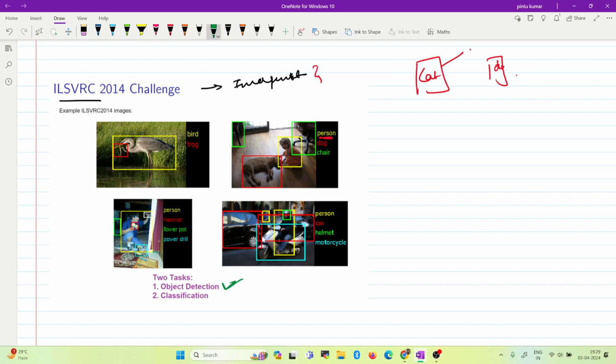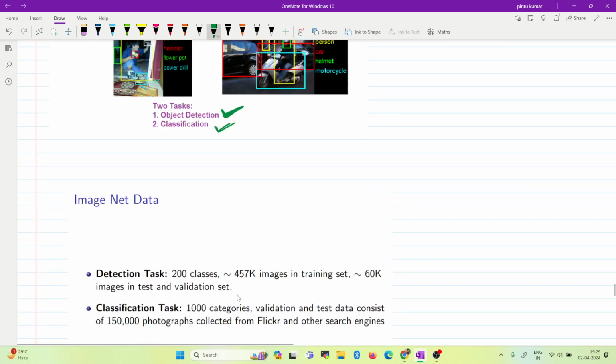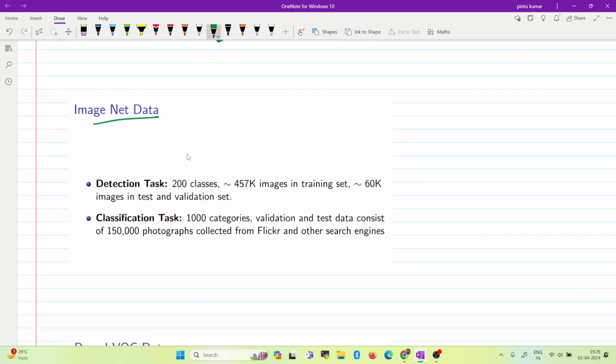So there are two-fold tasks that you need to do. First is object detection. These squares that I have marked over here are not available to you in the data set. So the first task would be object detection, and after you have made this detection, you have to do the classification. Okay. So this is the ImageNet data set.